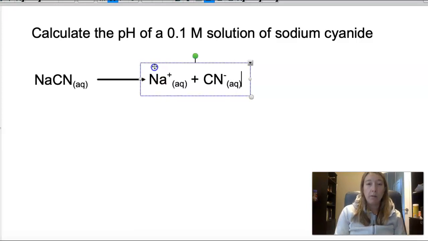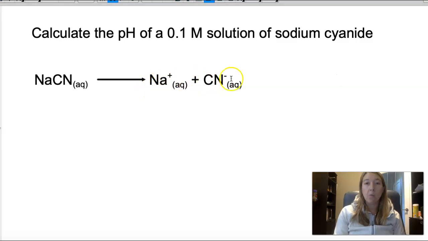Okay, so at this stage, I need to decide which of these ions is the one that I actually care about, right? One of them is either an acid or a base, and the other one is probably going to be neutral. So hopefully by now you recognize that sodium is pretty much always a spectator. The other way I could recognize that is if I go to my data booklet and look at that acid-base table, the sodium ion isn't in either column, so it's a nothing.